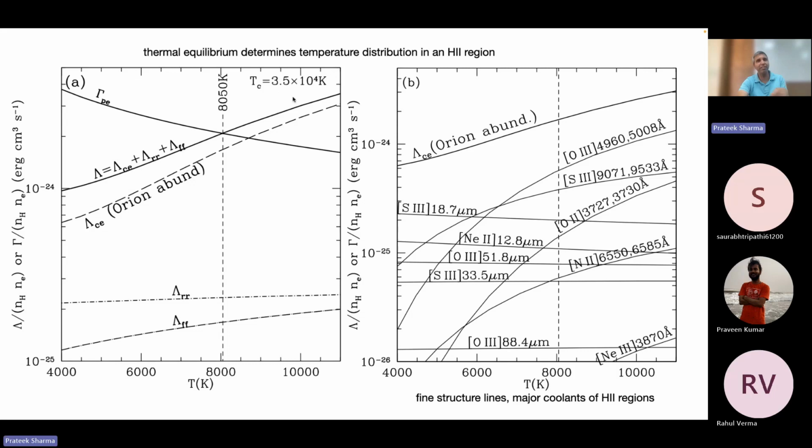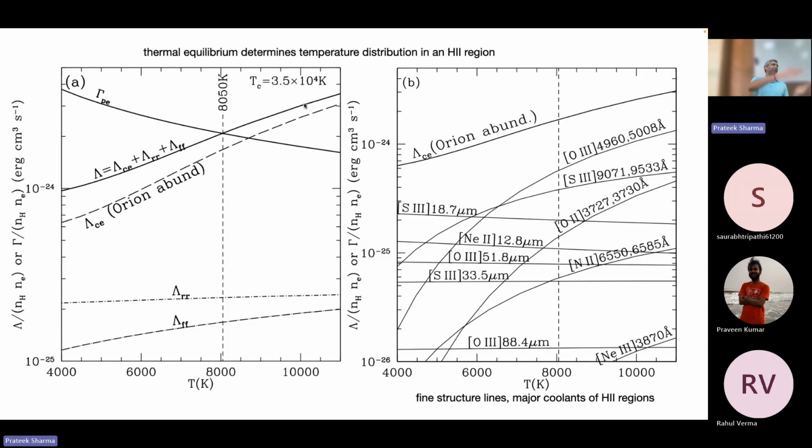At higher temperatures you have more and more radiation. That makes sense, because at higher temperature the electron has a higher energy, and when it recombines, it produces a higher energy continuum photon.